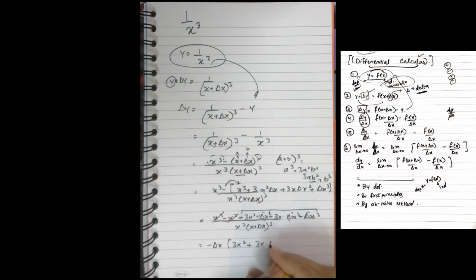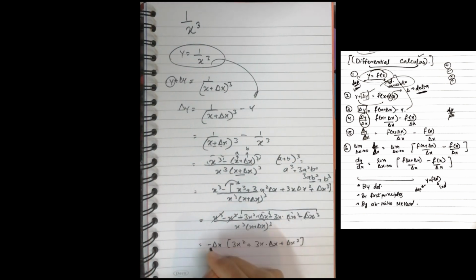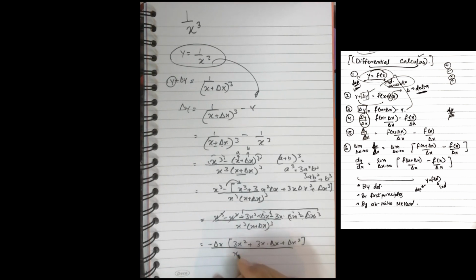This becomes delta x, plus, negative, negative, positive, and delta x cube. However, over here it is delta x power 1, so 3 minus 1, square. And in the denominator, we've got the same thing, right? And this is our delta y.